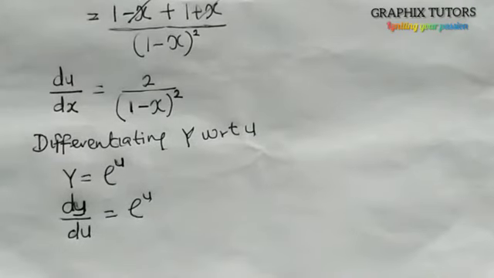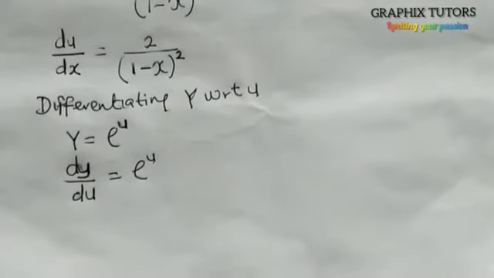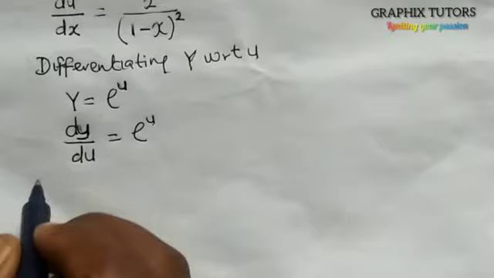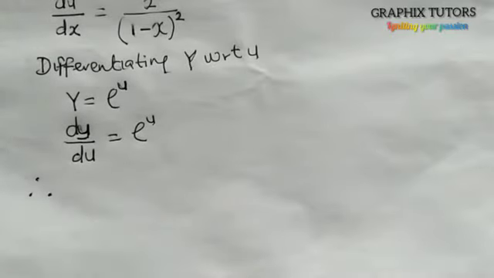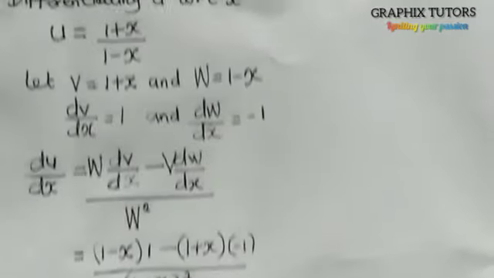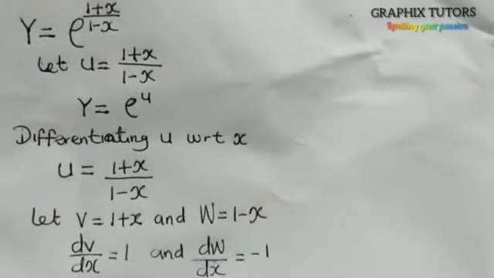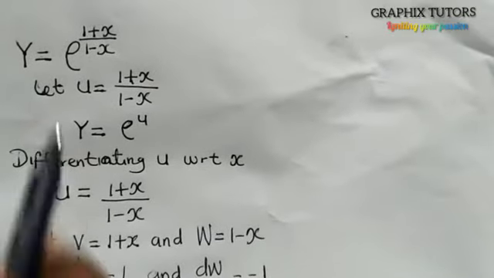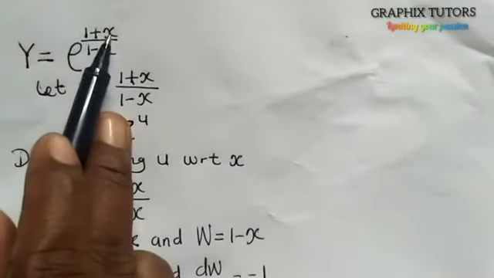Now from here we move forward. Now we are using the chain rule, right? So therefore, what are we differentiating? Back to our question, we are differentiating y with respect to x.